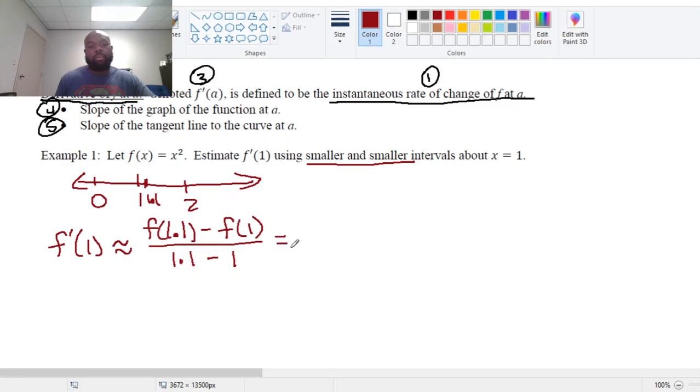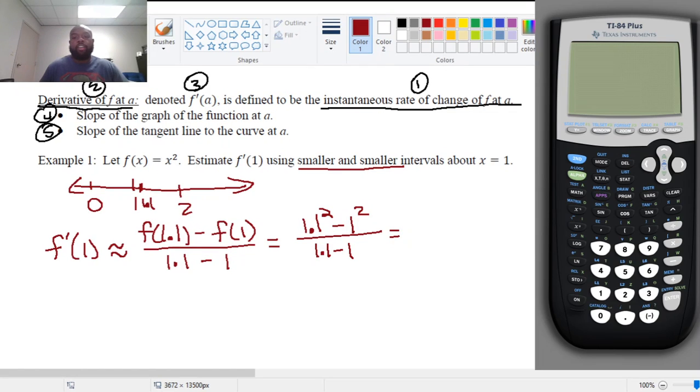All right, what this means is I have to go to my function and plug in 1.1. Now I'm going to write it in here. And you get that into your calculator. Let's see if we get our calculator here.